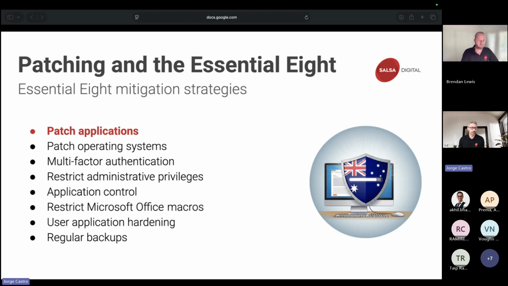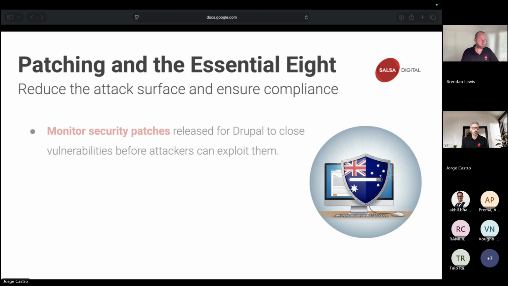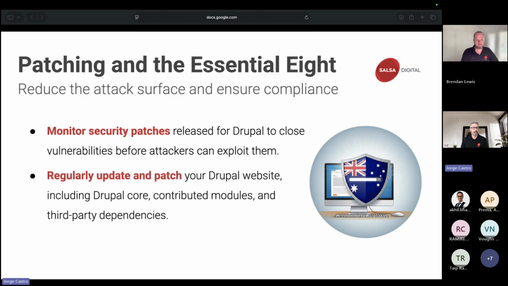As I said, we're going to be focusing on the patching applications side of things, but there are many others to consider. Alrighty.